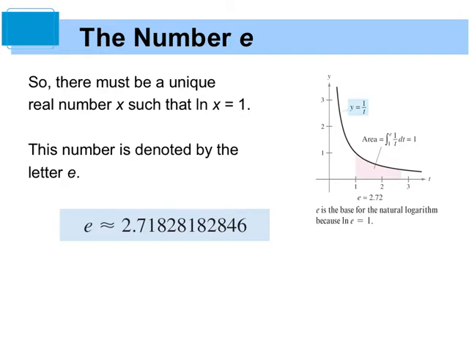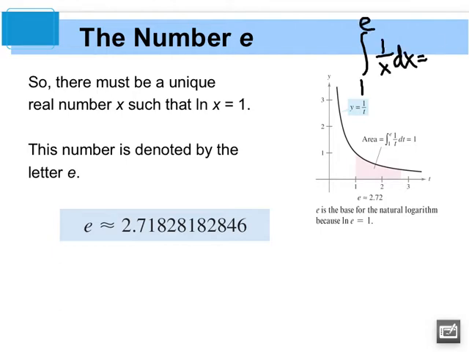Okay, so we're putting the cart before the horse here. In other words, it's a little hard to see in my graphic here, but it's saying that the integral from 1 to E of 1 over x dx is going to equal 1. So how far do I have to come over here so that this area has an area of 1? And the answer is this number E.